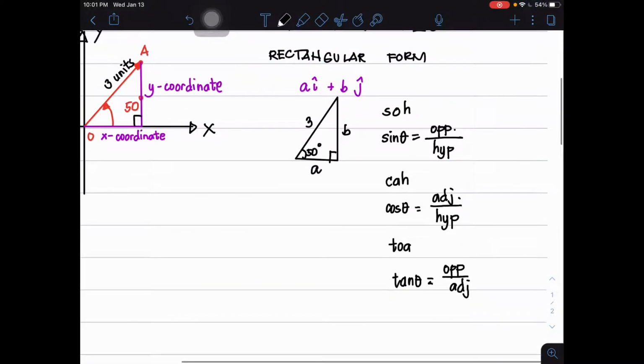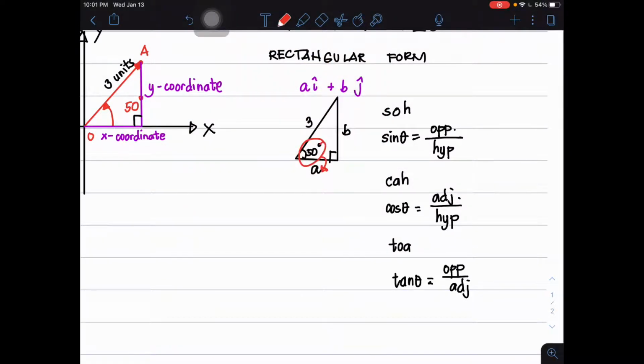So we're going to apply this. Since we already have the value of the hypotenuse side, we can solve either A or B. Let's analyze side A. Side A is the adjacent side of the 50-degree angle.